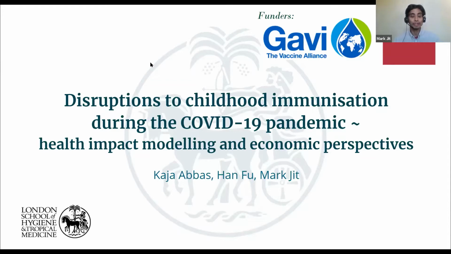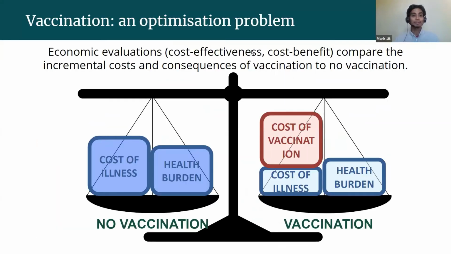If we can go to the first slide. When we talk about economic evaluation of vaccination programs, we usually think of it something like this. If we're doing a health economic evaluation, whether it's cost effectiveness or cost benefit, basically we're comparing two worlds. Let's say we want to compare a world where we introduce a vaccine versus a world where we don't.